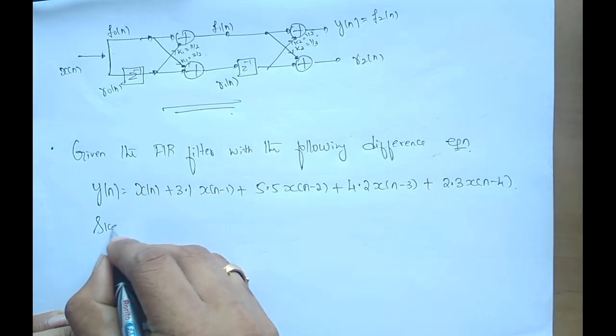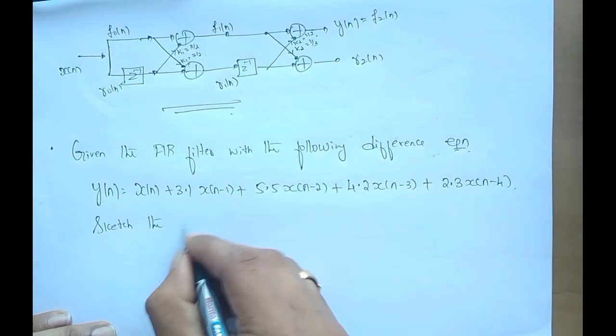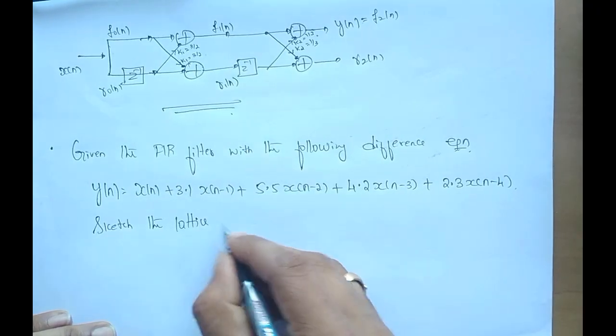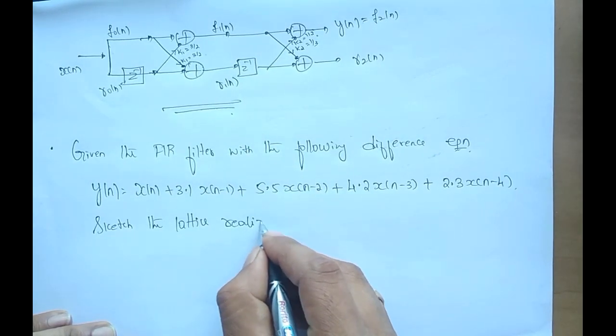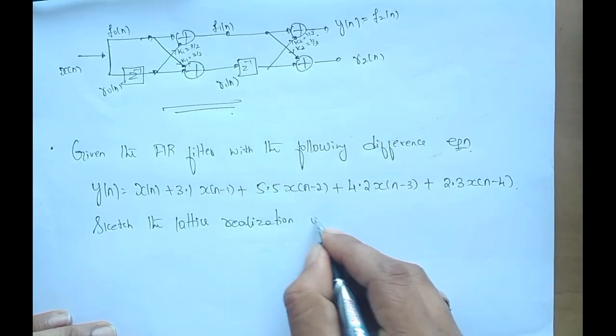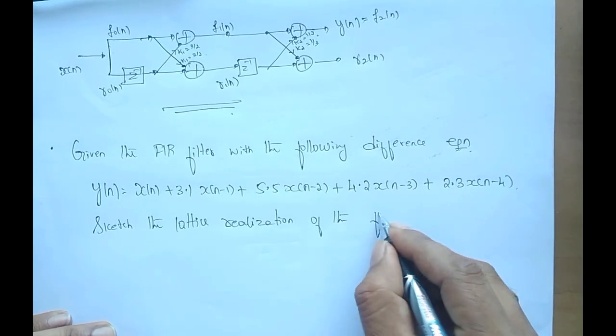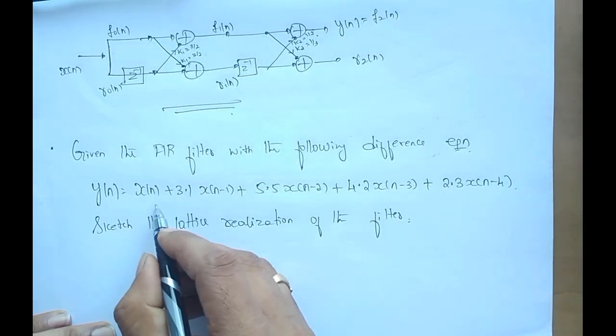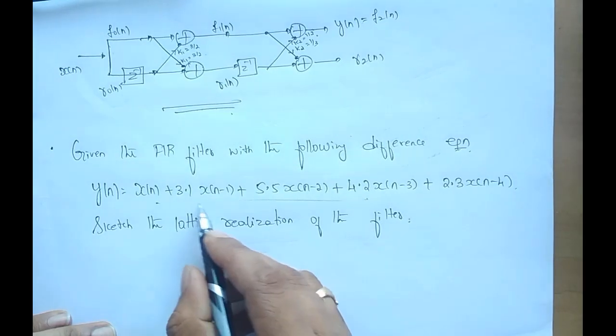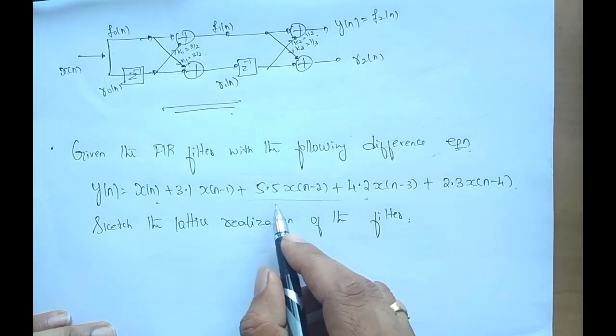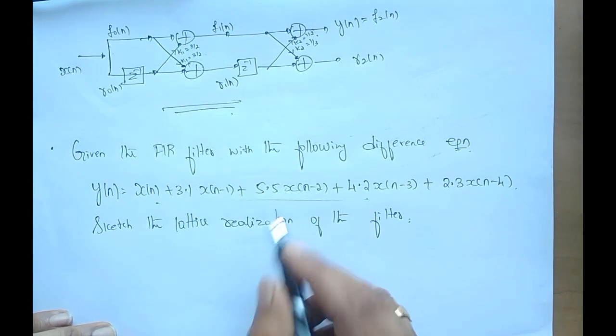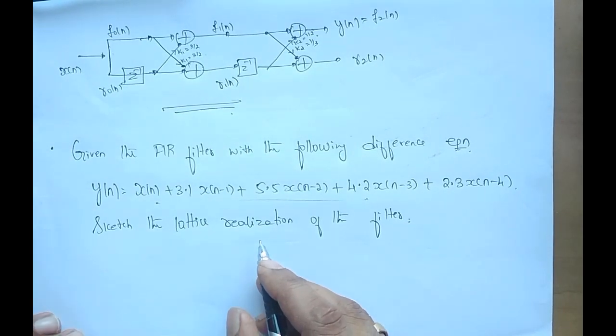Sketch the lattice realization of the filter. Okay, so given a system in difference equation form, this is actually in the form of direct form. I need to convert it into lattice structure.